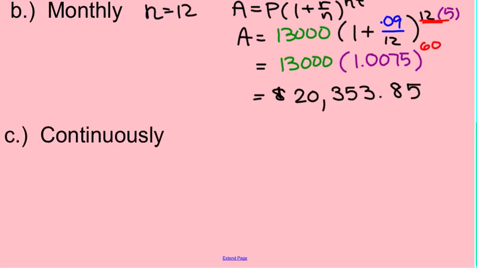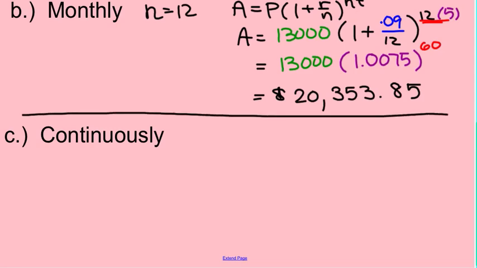Our last part is now continuous. That's changing things up a lot. We're going to use the PERT equation. A equals PE to the RT. So our principal is $13,000. Our E is that E that we're going to use with our calculator.